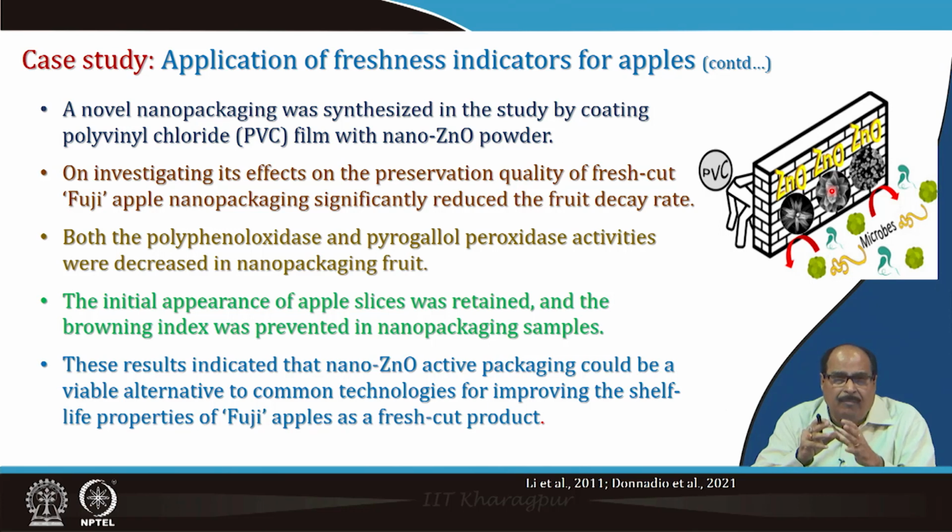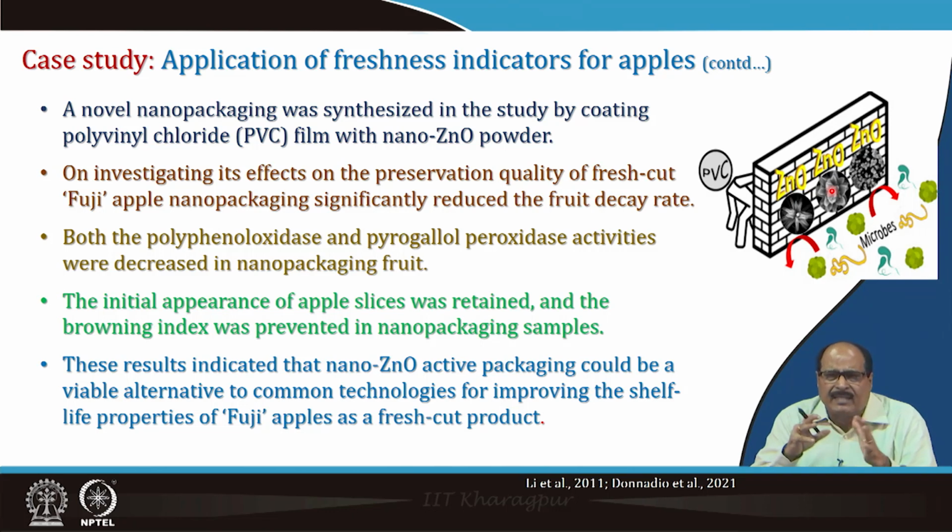The initial appearance of apple slices was retained and the browning index was preserved in nano packaging samples, and these results indicated that nano zinc oxide active packaging could be a viable alternative to common technologies for improving the shelf life properties of Fuji apples as fresh-cut products.